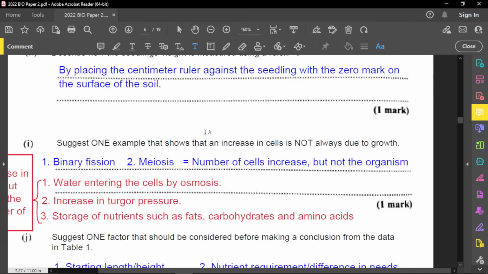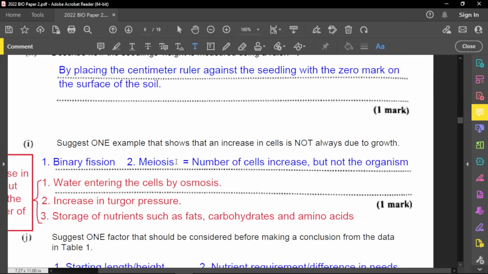So 1, you can put binary fission. 2, we can put meiosis. All right, and so for these 2, the number of cells will increase. So in other words, you have more cells, but you will not have more organism. So meiosis, remember, is used to produce gametes.